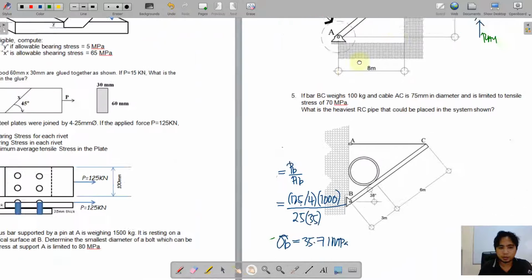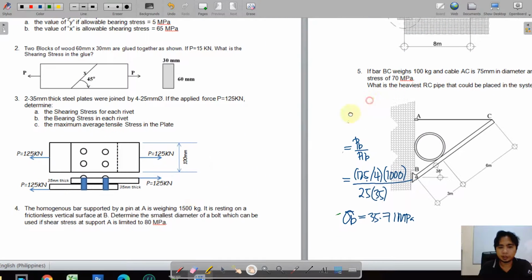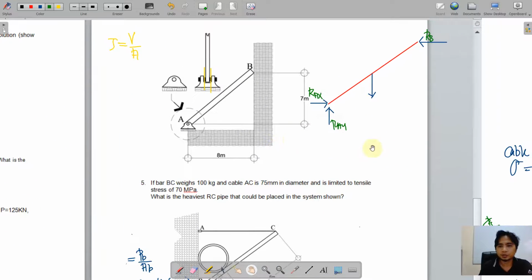Okay, so let us check the weight. Weight is 1,500 kilograms. Okay. This is 1,500 kilograms. Of course, we know that we should multiply it by the acceleration due to gravity to make it a weight. Okay, so we have here 14,715 newtons.